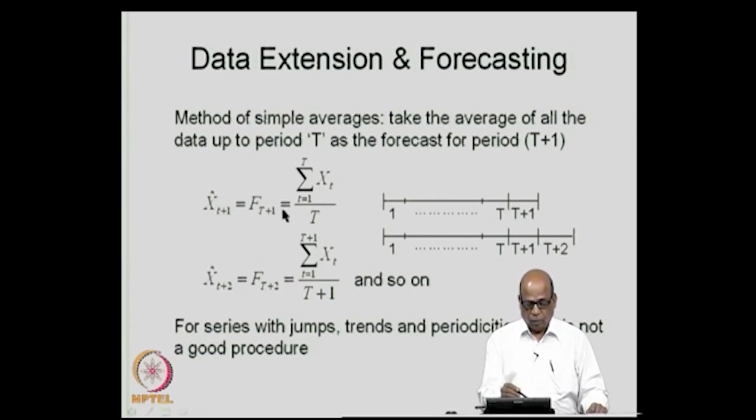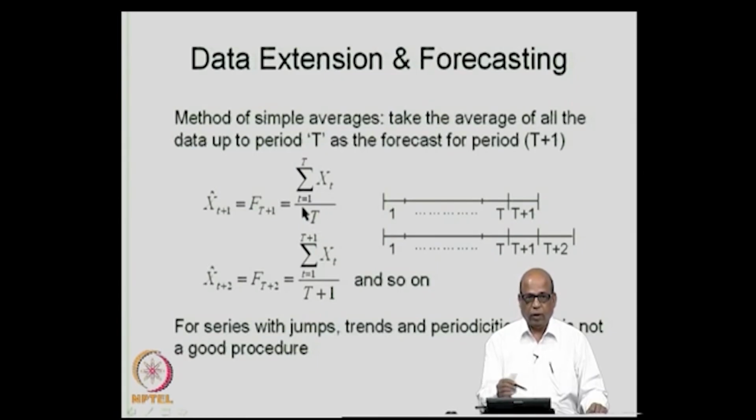That is what is written more formally here. Whenever I use a cap here, it means that it is a forecast. So, x t plus 1 cap, which is the forecast for the time period t plus 1, also denoted as f t plus 1, is simply equal to the sum of all the observed values divided by the number of time periods.